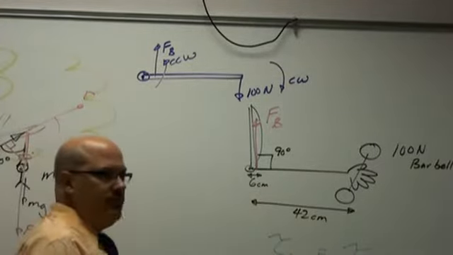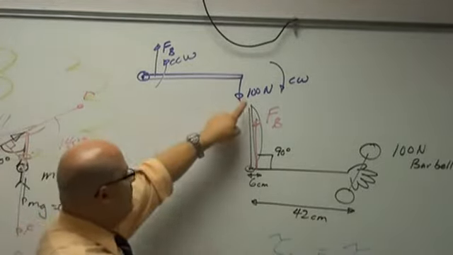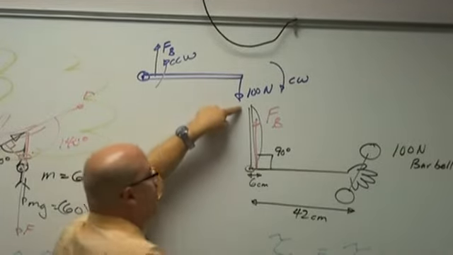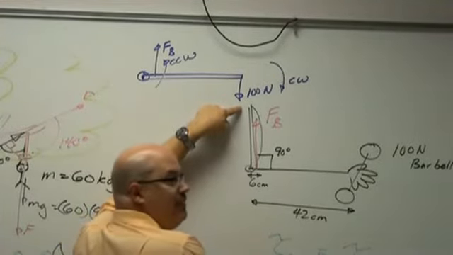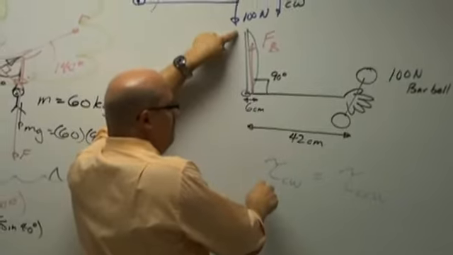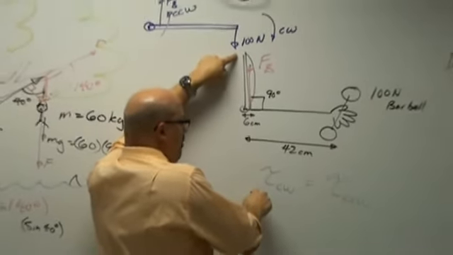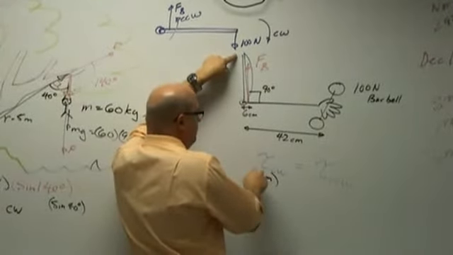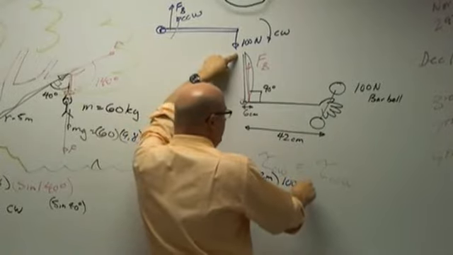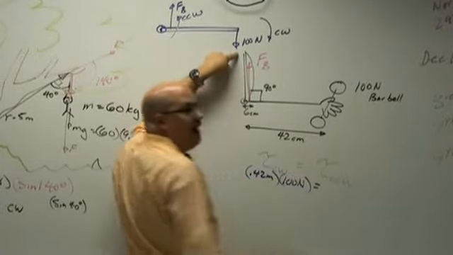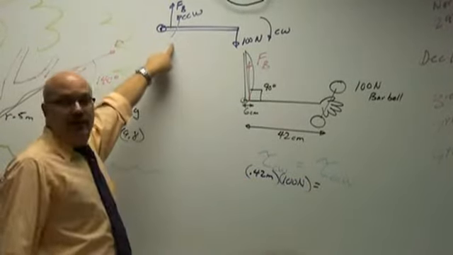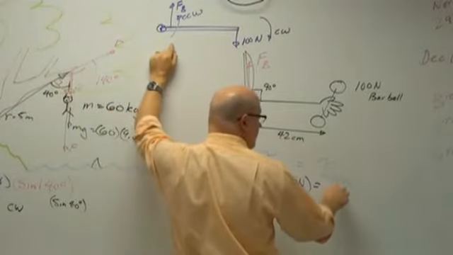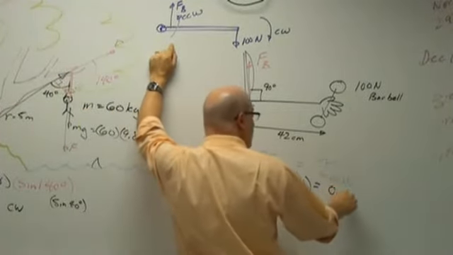Okay, so let's do the clockwise one right over here. Radius first. What's the radius? 0.42 meters. And 100 newtons. That's it, right? Wait. Hold on. Okay, this one. What's my radius? 0.06.